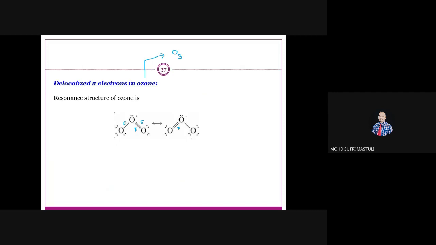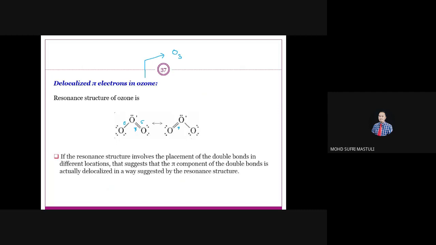This is why we call it the delocalized pi electron. The same as before, if the resonance structure involves the placement of double bonds in different locations, the pi component of the double bonds is actually delocalized in the way of the resonance structure, sometimes here or sometimes here.